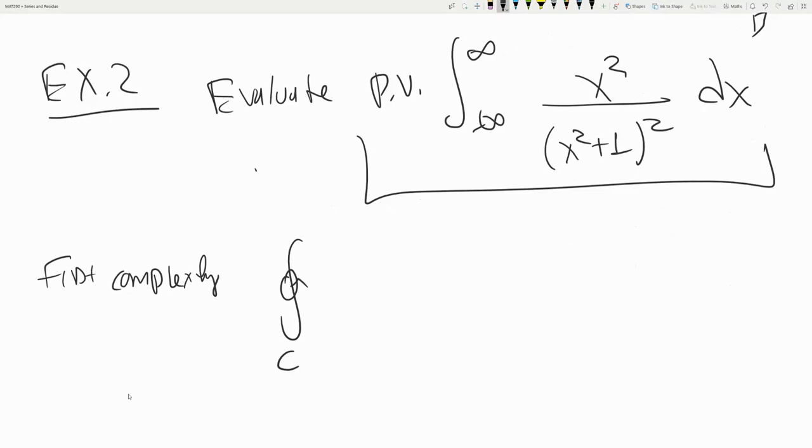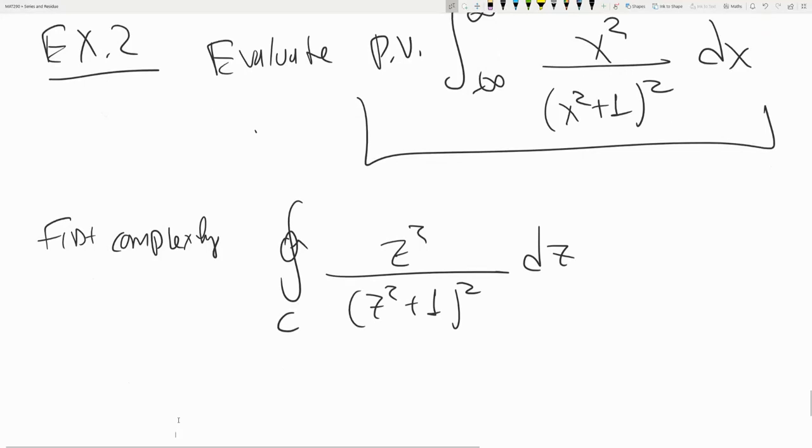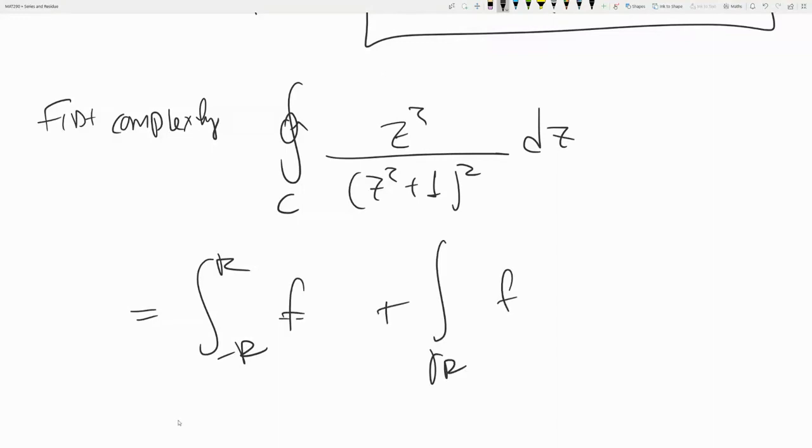So we have C and then z squared over z squared plus 1 squared. Okay, good. Right, we split as usual the function and the semicircle.